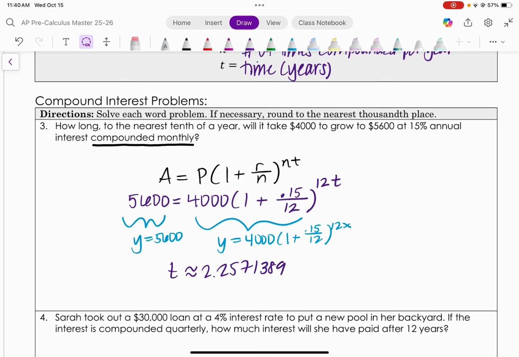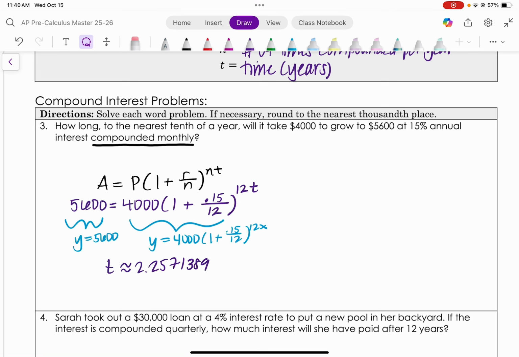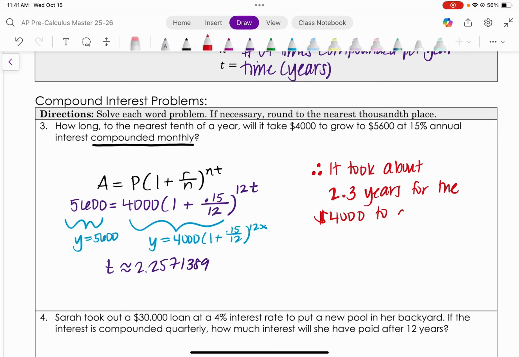Now the question says, how long to the nearest tenth of a year? So we're going to answer the question the way the problem is worded. I'm going to write a little sentence. Therefore, it took about 2.3 years for the $4,000 to grow to $5,600.